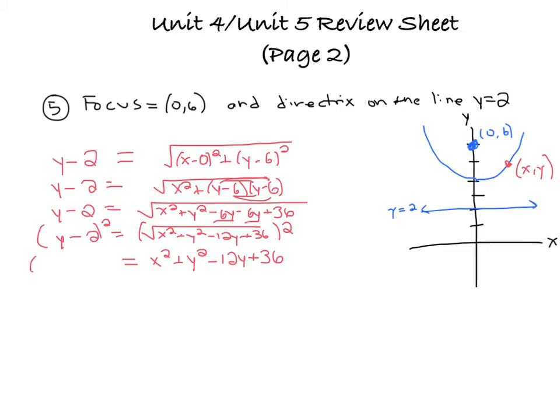On the left-hand side, when something's squared, it means we have two of them, so I'm going to take the y minus 2 and write it out twice. Now, if I double distribute that, I'll get y squared minus 2y minus 2y plus 4, and I'll bring down the right-hand side of the equation.